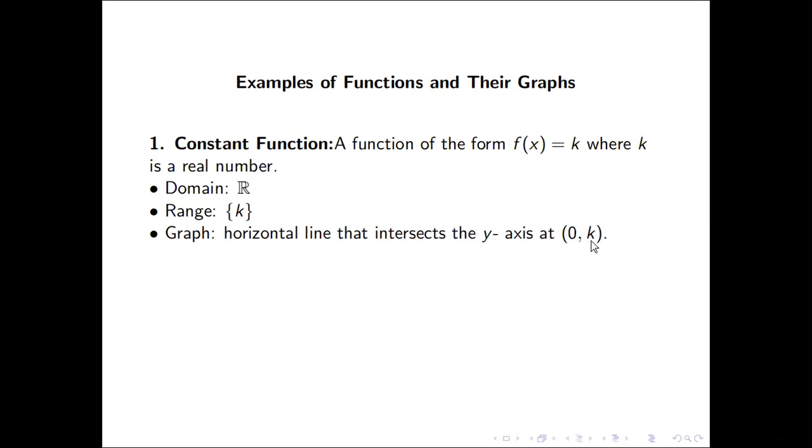But we won't have really much application on constant functions. However, when we go to piecewise functions, some of the parts in the domain of a piecewise function may be a constant function, as we shall see later.